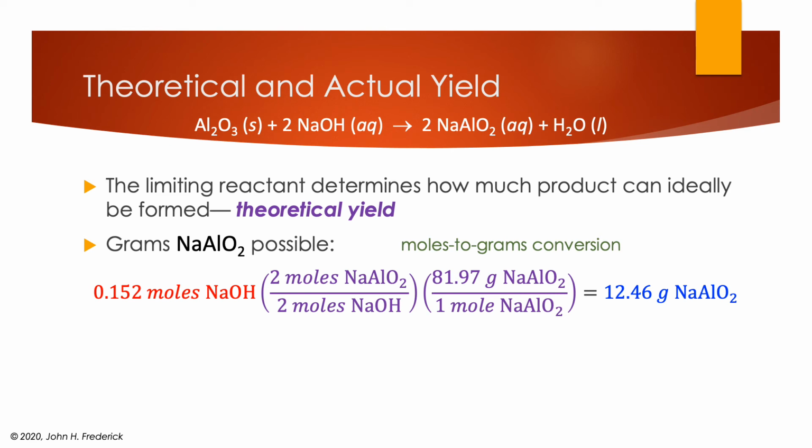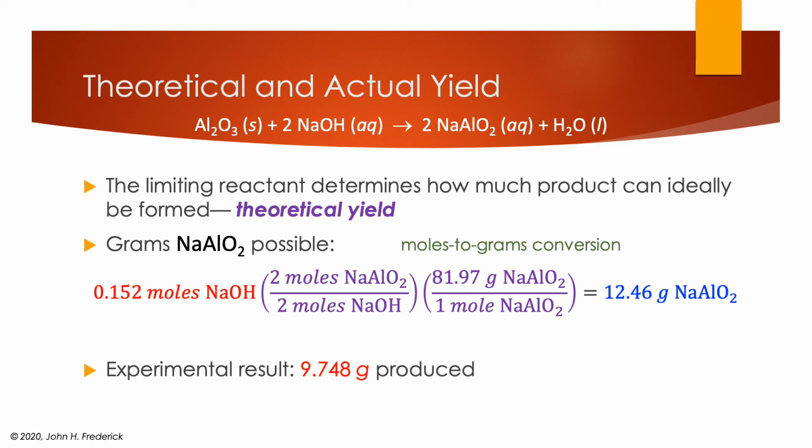It's what we calculate we should be able to get if everything runs perfectly and we use up all of our limiting reactant. Now let's suppose that I'm actually doing this experiment in the lab, and I run this very experiment with the same amount of starting materials, and what I get is an experimental result that says 9.748 grams is produced. Now, does that mean my theoretical result was wrong?